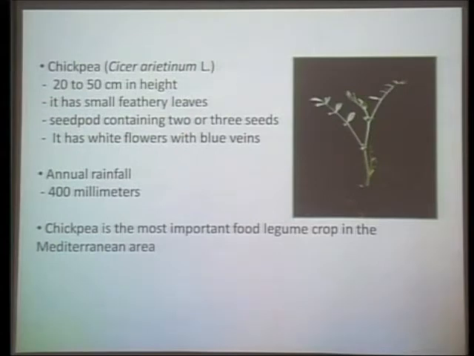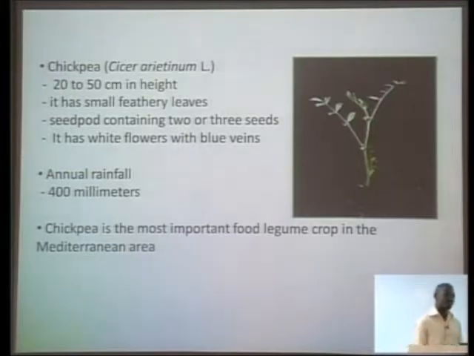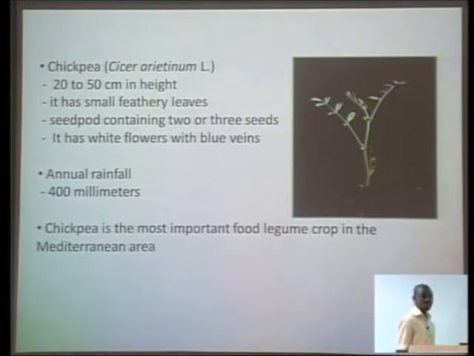For optimum growth and yield in both tropical and subtropical regions, chickpea needs more than 400 millimeters of annual rainfall, and this should be well distributed. In fact, chickpea is a very important crop in the Mediterranean area, and in the world, it is ranked as the third most important crop.